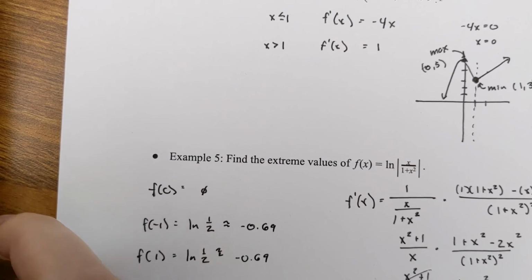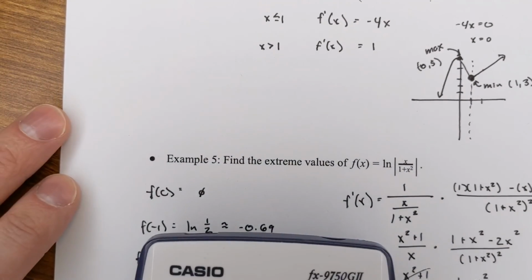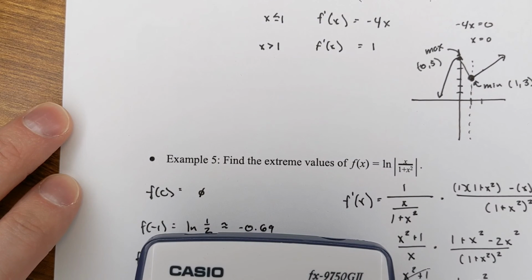And if I look at the graph, let's see here. The natural log of the absolute value of x over quantity 1 plus x squared.